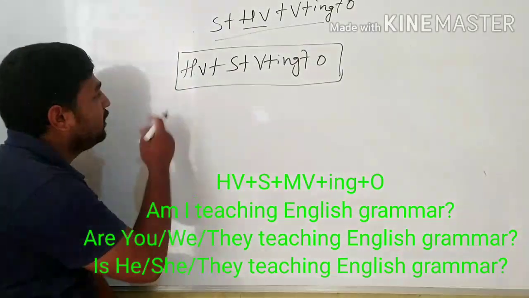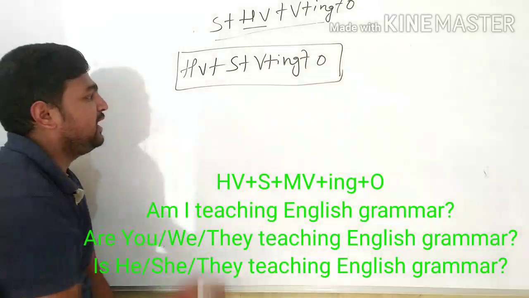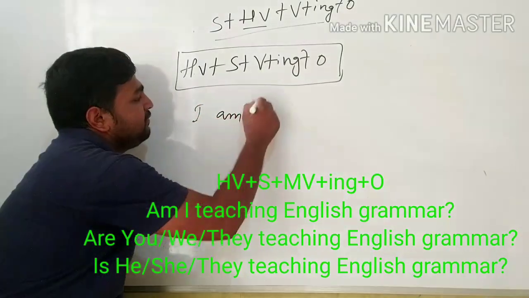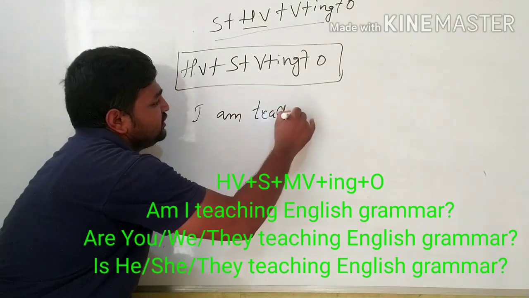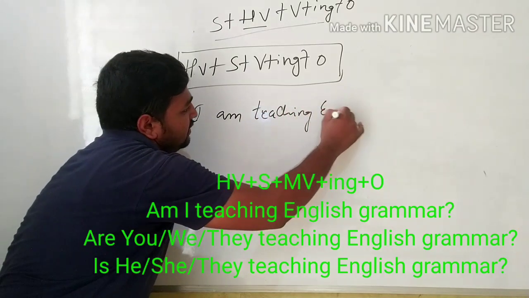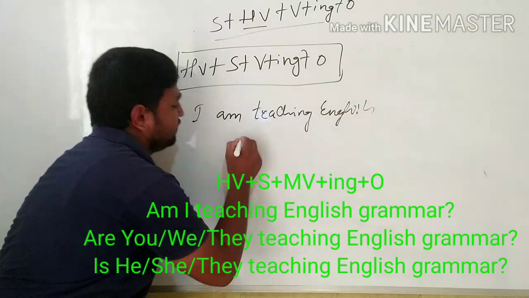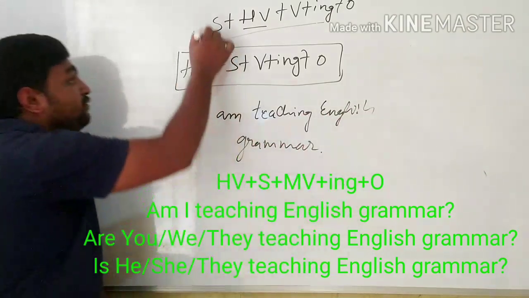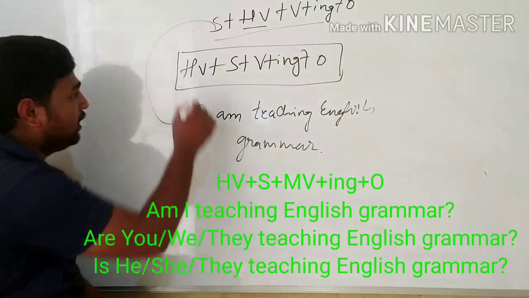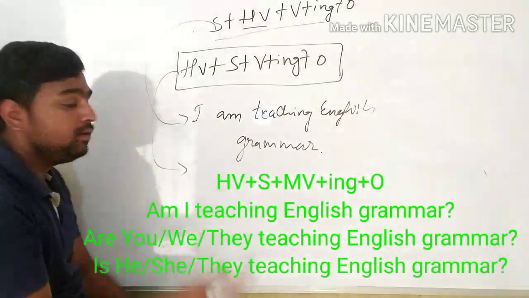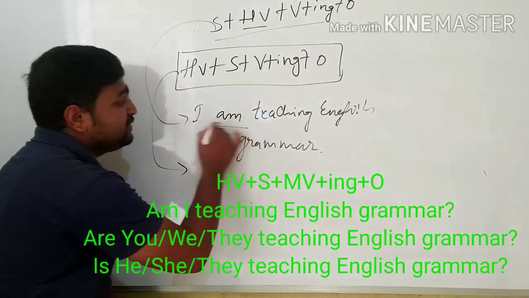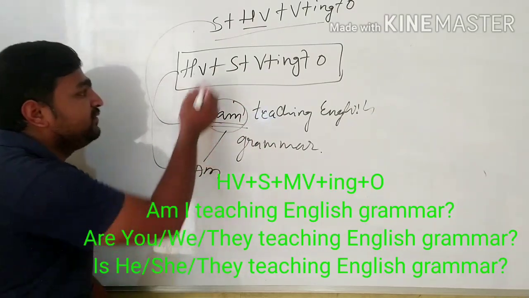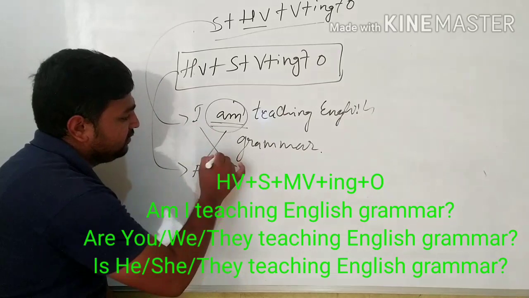Let me take the same example. I am teaching English grammar, right? This is a positive sentence. How can we change this into interrogative? Am is a helping verb, we know, we'll bring that. Am, right? Then subject, I, we'll bring that also.